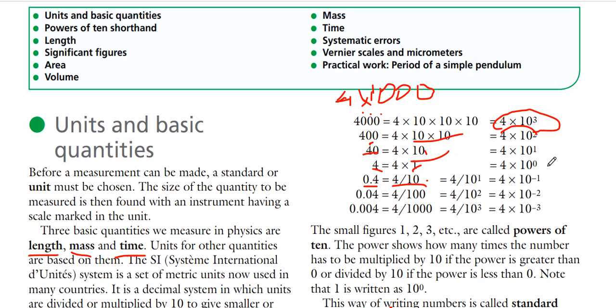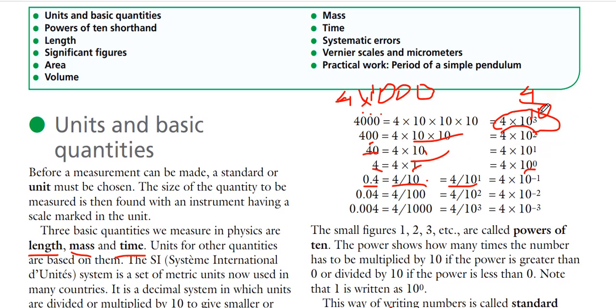That's how many times the number is occurring. Now this can get a bit tricky, but it's actually very simple. Since it's 0.4, it's basically 4 out of 10. Now this is basically the reverse, which means there is a negative power of 10 here.